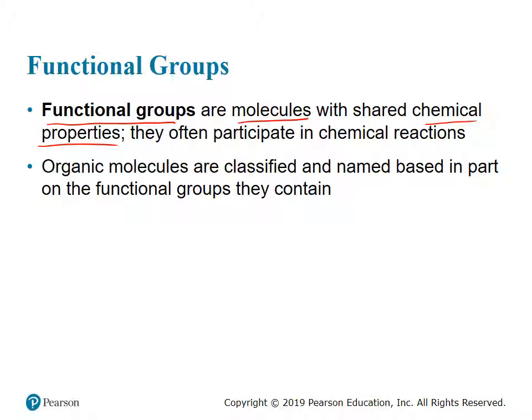Does that make sense? Molecularly speaking, chemically speaking. So they're almost in the same family. Very closely related. They might change by one atom or 2 atoms, and that's as far as they've changed from one to the other. Okay? And so we name organic molecules by the functional group they contain.